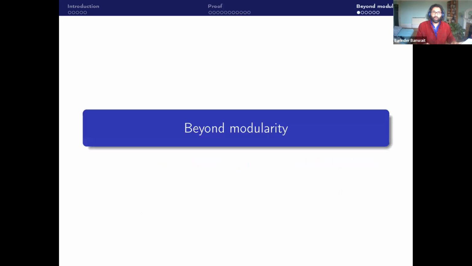So I was also asked by Dipendra to say a few things about this work of Chandrasekhar Khare. And this is about how one can extend the notion of modularity.